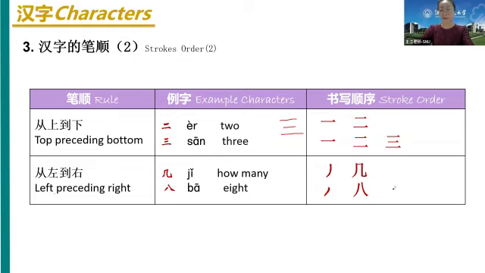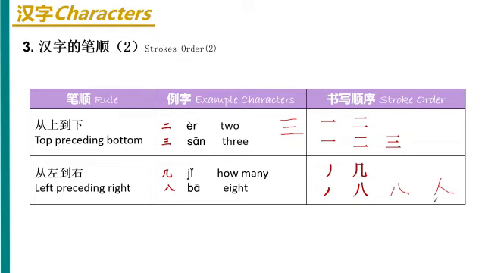For example, 八, left side preceding right side. And what's this? How to read this Chinese character? Ren. 人, yes, 人. Left side preceding right side, okay? So 人, but the two strokes just touch each other.